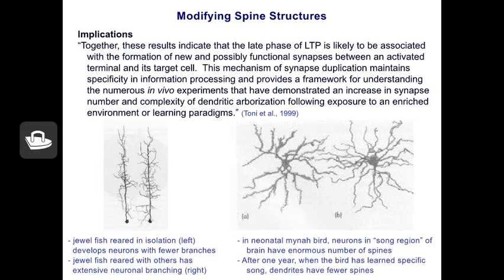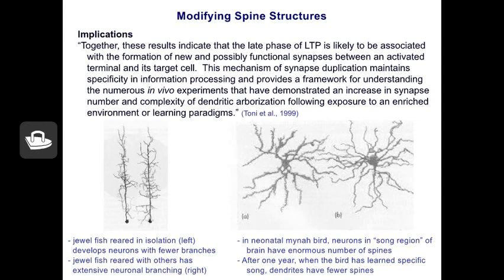This mechanism of synapse duplication maintains specificity in information processing and provides a framework for understanding the numerous in vivo experiments that have demonstrated an increase in synapse number and complexity of dendritic arborization following exposure to an enriched environment or learning paradigms.